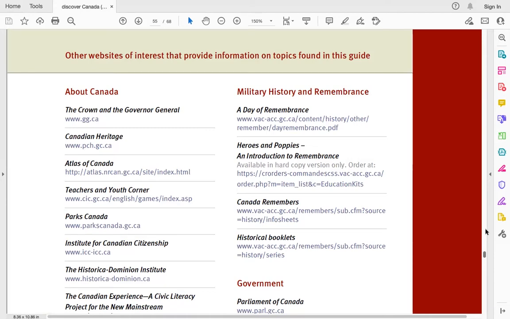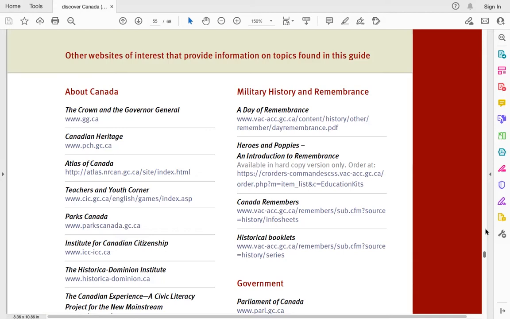Parks Canada, www.parkscanada.gc.ca. Institute for Canadian Citizenship, www.icc-icc.ca.